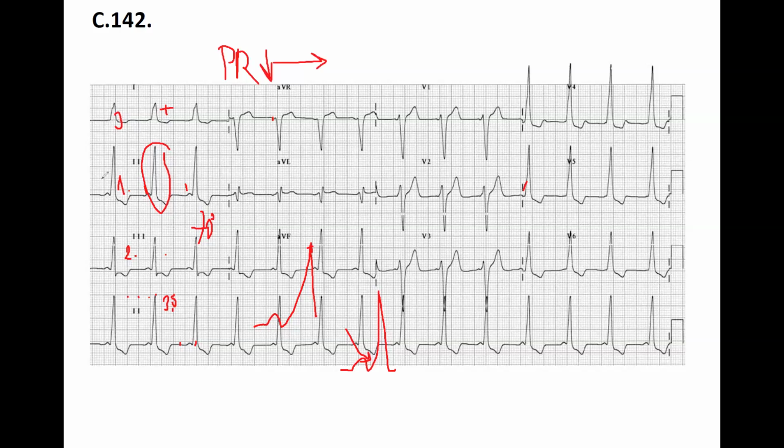So the AV conduction is shorter than it should be. In pre-excitation syndrome, the QRS is wide and you have the delta wave. So this is WPW. And which type? V1 is negative. That's a B type.